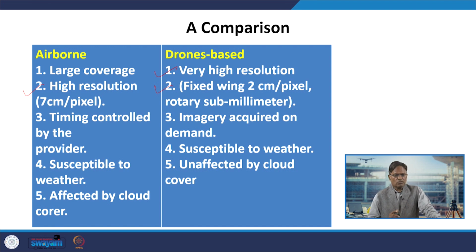The timing is controlled by the provider. The image can be acquired in drone based at any time on demand basis. Airborne is susceptible to weather condition and is affected by cloud, but drone based is unaffected by cloud cover because of the low height.